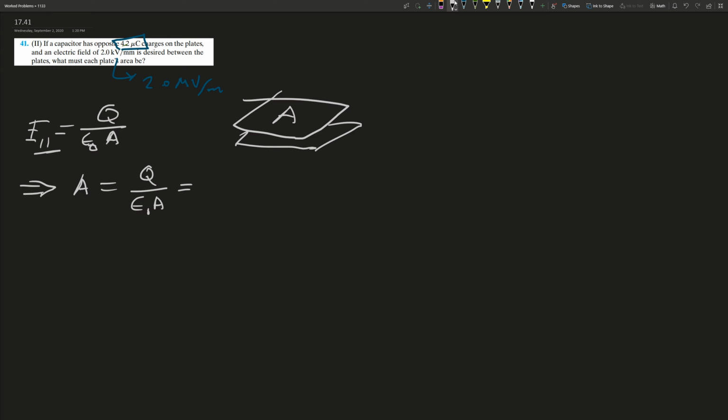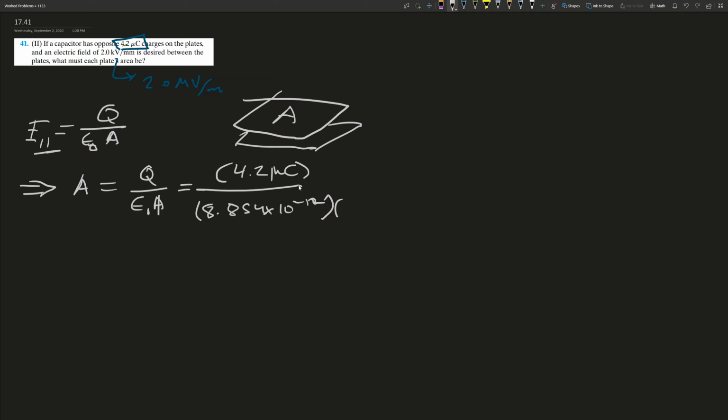So if we plug all this in now, we get 4.2 microcoulombs divided by epsilon naught, which is 8.854 times 10 to the negative 12th, I believe. And the, sorry, I've made a mistake.